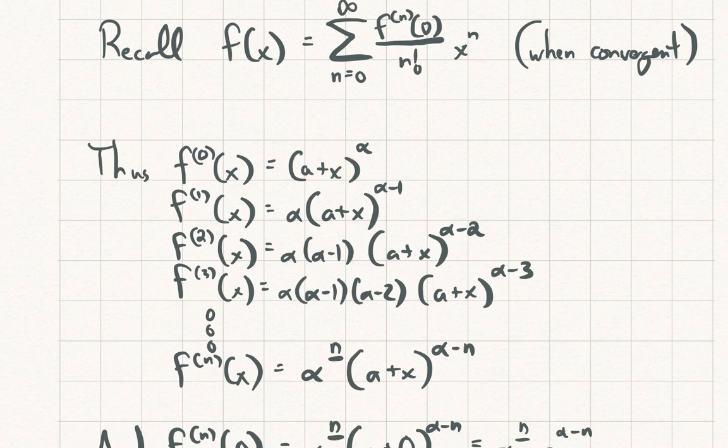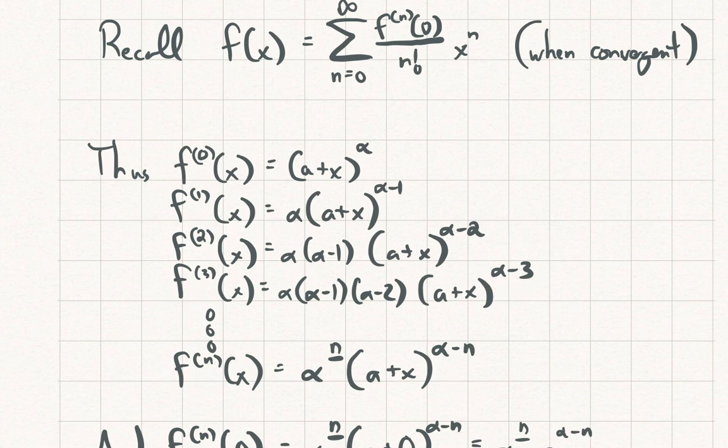So the first derivative, we're going to multiply by the power and subtract 1. So we get alpha times a plus x to the alpha minus 1. Second derivative, do it again. So we have alpha times alpha minus 1 now. Subtract 1 from the power, a plus x to the alpha minus 2. Third derivative, alpha times alpha minus 1 times alpha minus 2 times a plus x to the alpha minus 3.